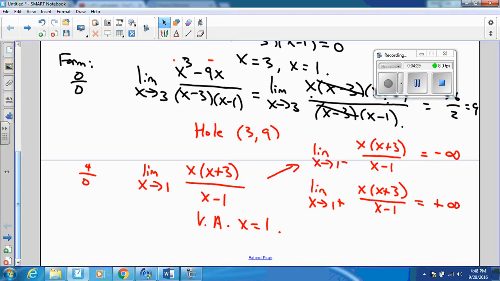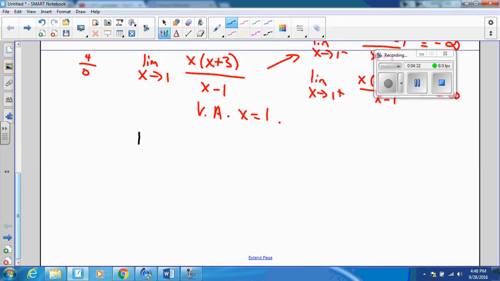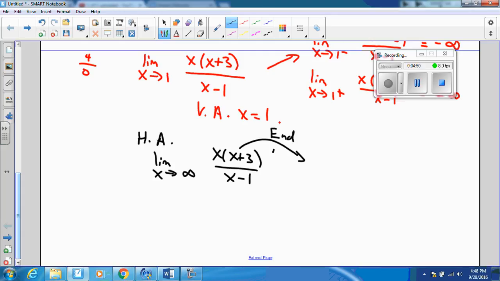So that's all very good. What about zeros? Sorry, what about horizontal asymptotes? When we consider the limit as x goes to infinity, using my end model analysis, notice that x times x is x squared, over x, so the end model is x.